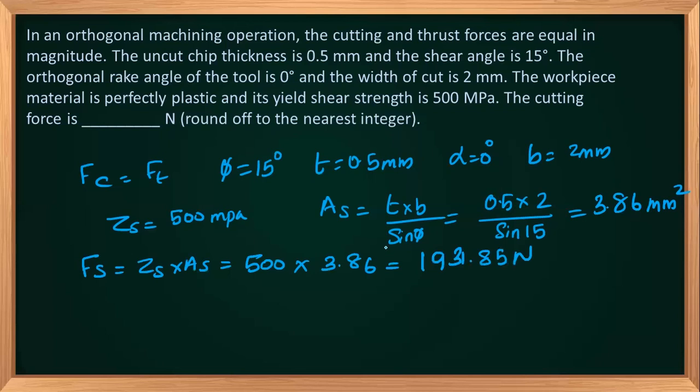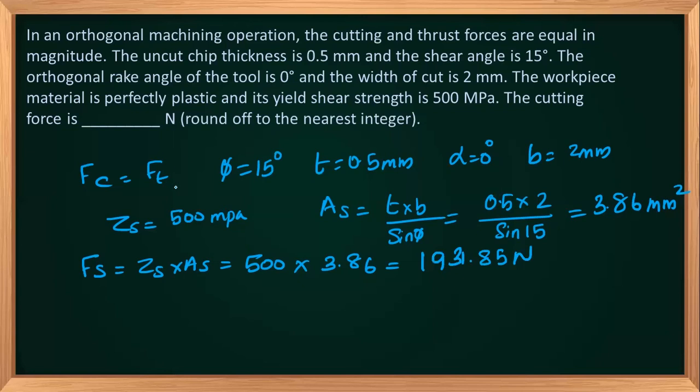Now, what is the relation between Fs and Ft? You can find it in different ways. You can find the resultant and use that, because all the angles are given to you: alpha is equal to 0 and phi is equal to 15. Beta is not given. Anyhow, when Fc equals Ft and alpha equals 0, your friction angle will be the same, so the friction angle will also be 45 degrees.